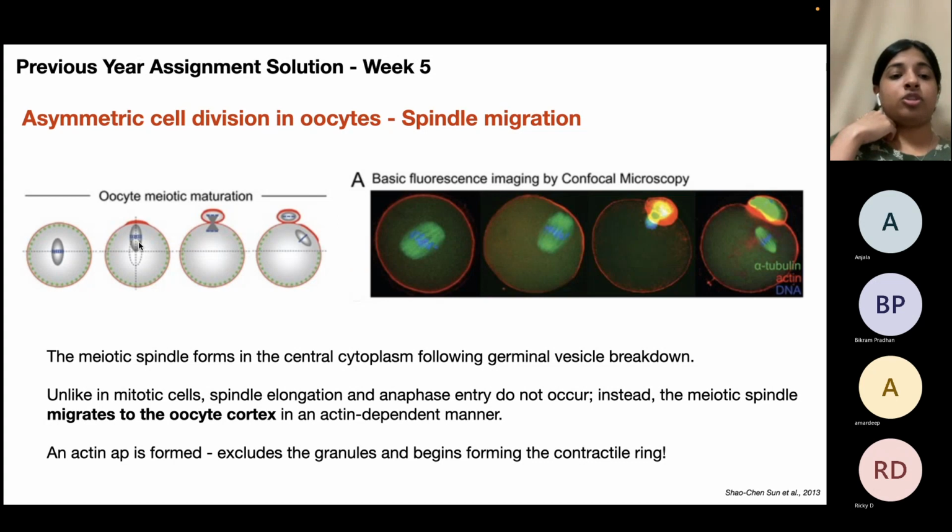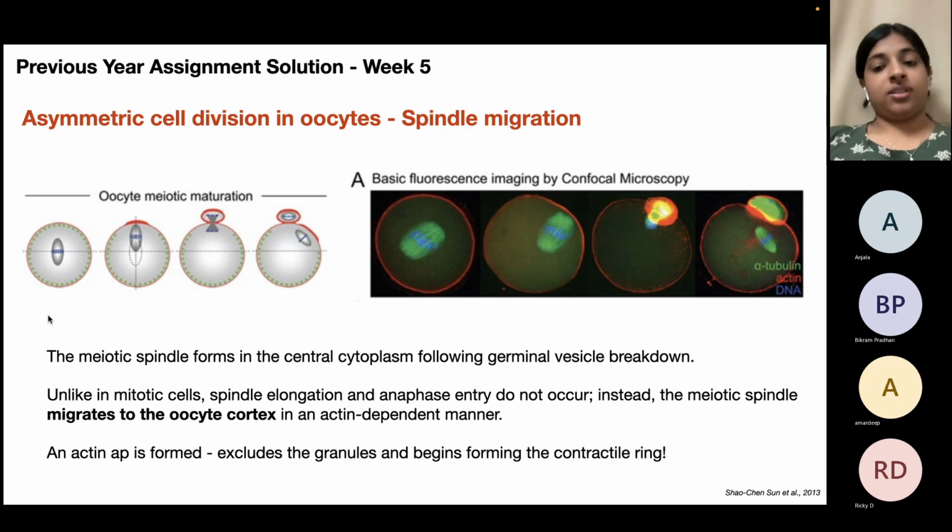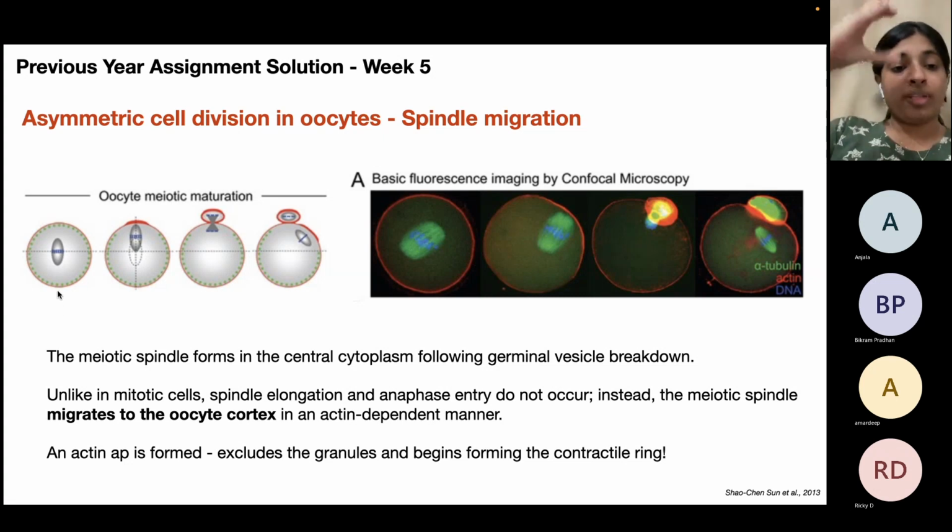Normally in dividing cells, there is spindle elongation, anaphase occurs, and chromosomes are pulled towards two ends of the cell. But instead, in asymmetric cell division of oocytes, the entire spindle complex moves to one end. These oocytes often do not have centrosomes, so they have other microtubule organizing centers, MTOCs, that we have discussed in previous discussion sessions. So the entire spindle complex moves towards one end of the cell.